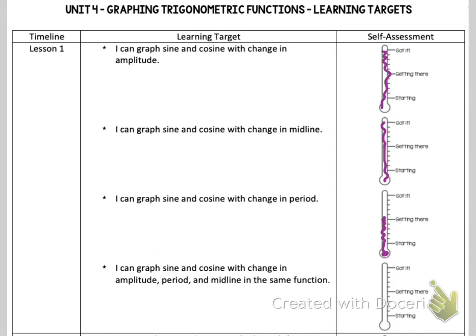And at the very end, maybe you're like, well, all of them together, maybe I'm just getting there. Or maybe I need a little bit more practice, or maybe all of it makes sense and you're good to go. So go ahead and look at those learning targets and assess yourself. How are you feeling? And if you'd like to wait until after your homework, I understand that too.